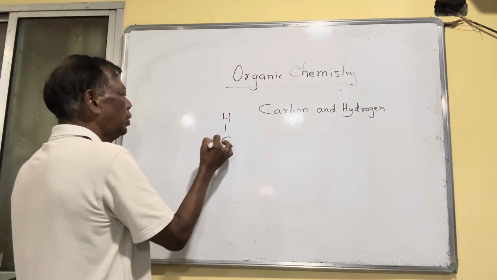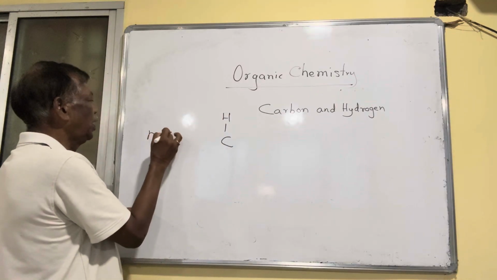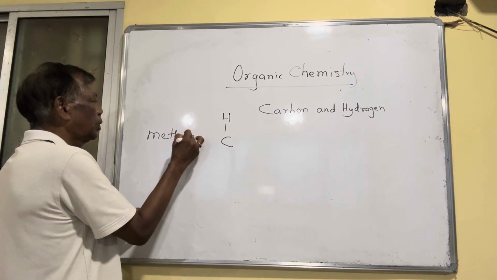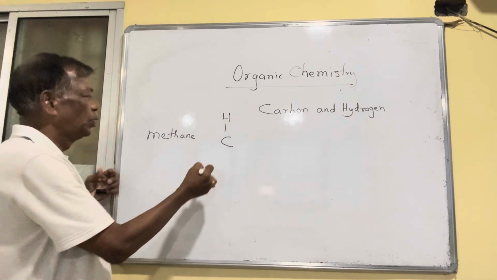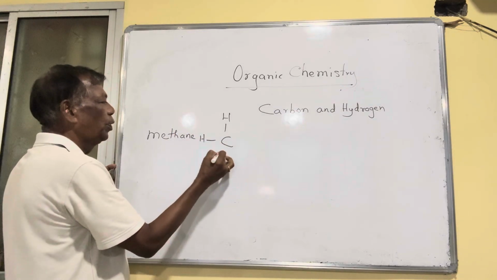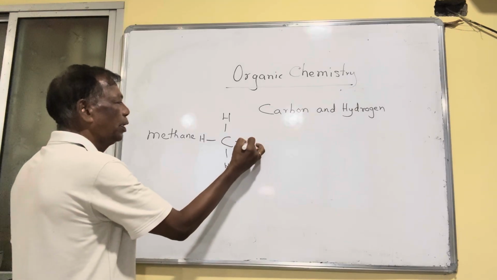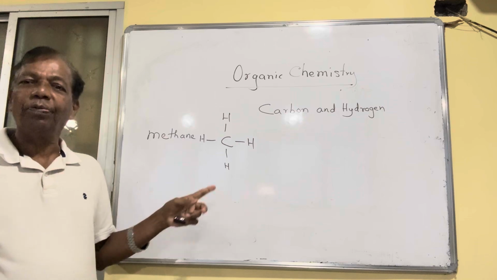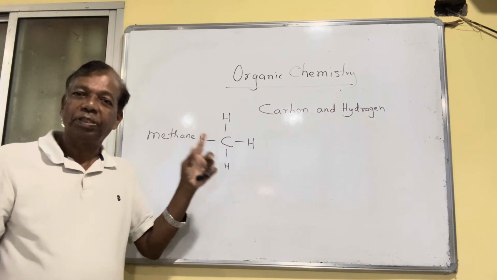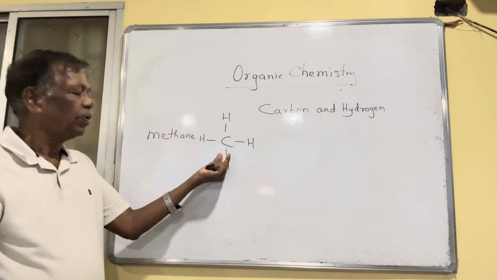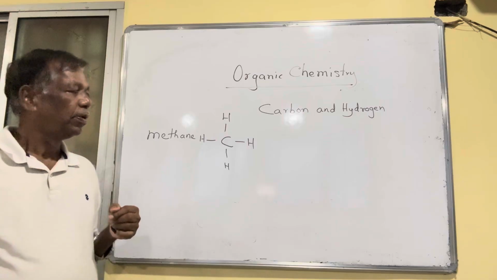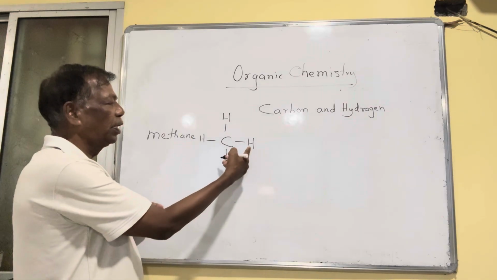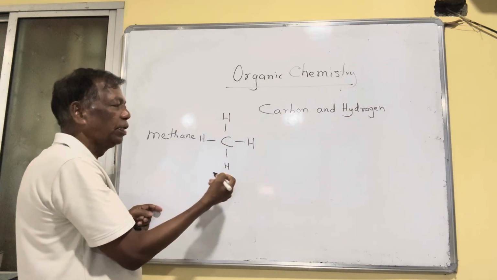Suppose we have methane. Methane has 4 hydrogens and is written like this: C with H, H, H and H. Why only 4 bonds? This is the first thing you must know, because carbon has 4 bonds. To satisfy these 4 bonds, there are 4 hydrogen atoms.